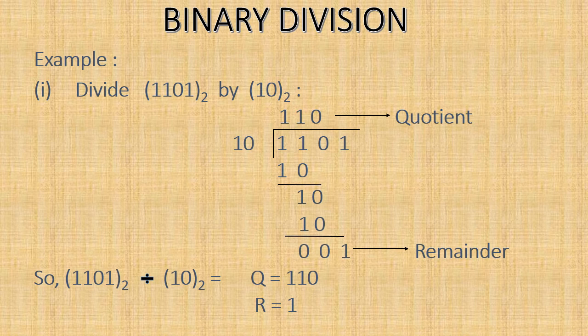So in this division, 110 is your answer as quotient, and 1 is the remainder. The given binary number 1101 was divided by 10, and in its answer we are getting quotient 110 and remainder 1.